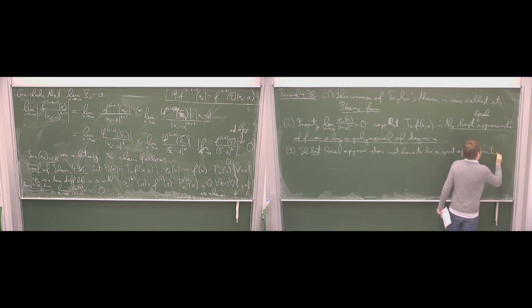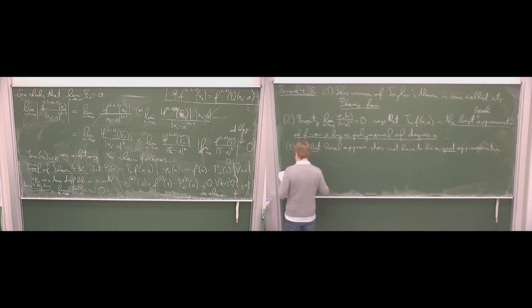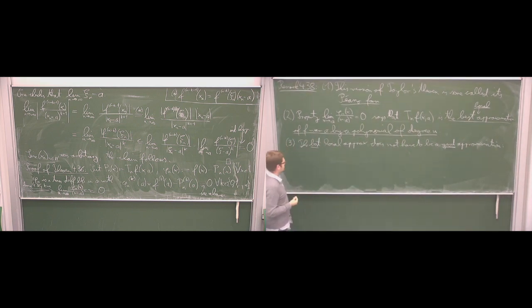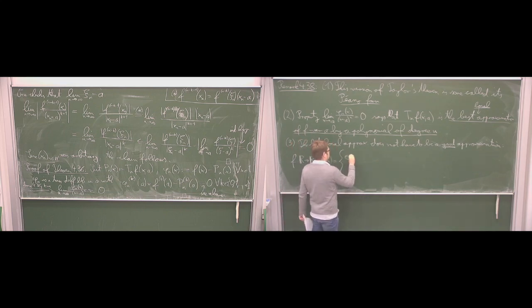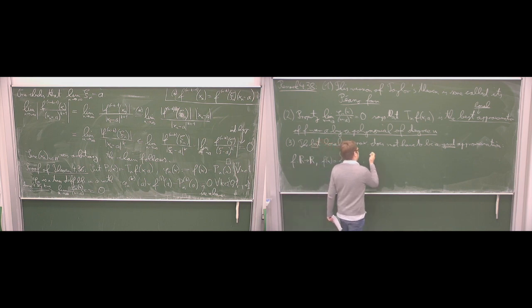There is a simple counterexample that I just want to give you without computation, without checking the details, but I would like you to check the details if you want. If we consider the following function, f going from R to R, f of x is defined in two cases: e to the minus 1 over x squared if x is non-zero, and 0 if x is equal to 0.